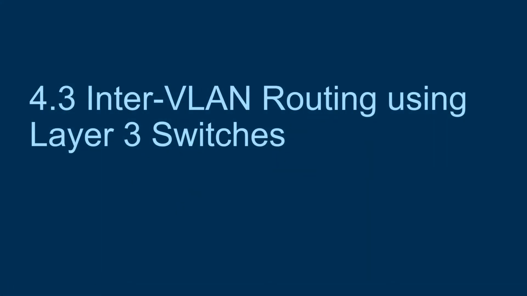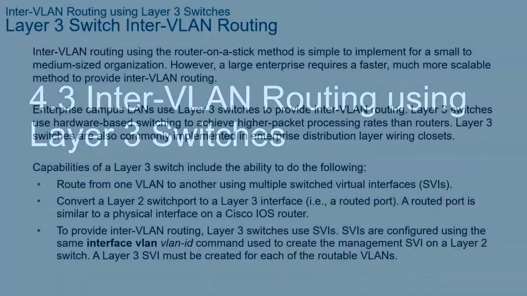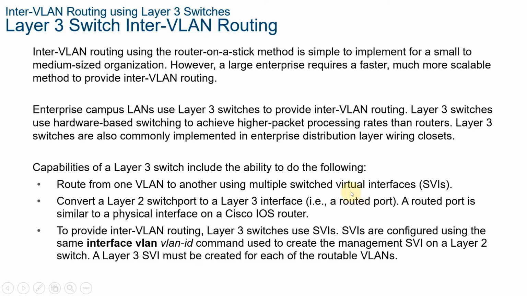Inter-VLAN routing using layer 3 switches. Modern enterprise networks rarely use router on a stick because it does not scale easily to meet modern requirements. In very large networks, administrators use layer 3 switches to configure inter-VLAN routing.